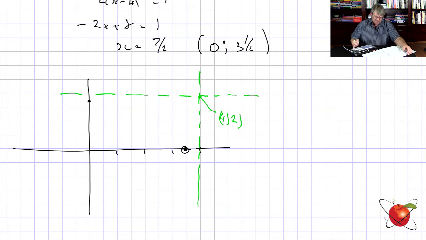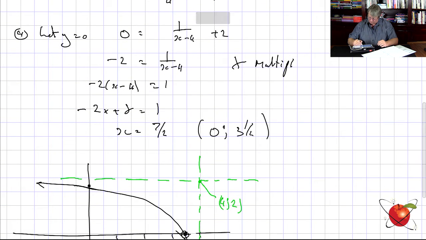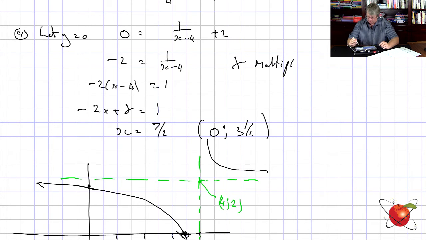There's another point. And we know that it goes something like this, right? I've got to make it sort of fit. It's actually quite difficult drawing on this pad. Okay, something like that. And I just want to put this guy in over here as well. Okay, there we go. And we are sorted.